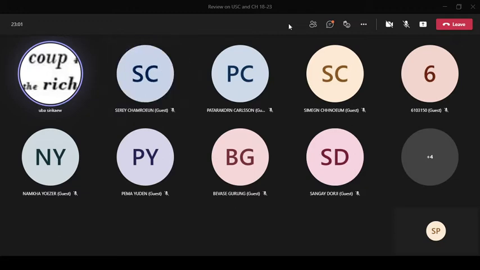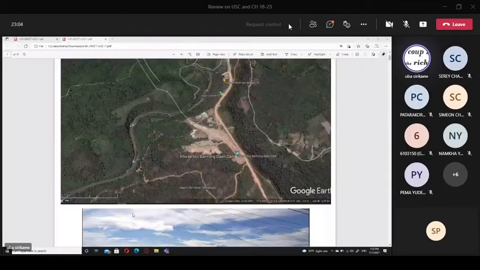The first assignment I give you now: every group must discuss the construction material of the dam in your area. For example, I take the Khoe Noi Bamrung Dam in Thailand.